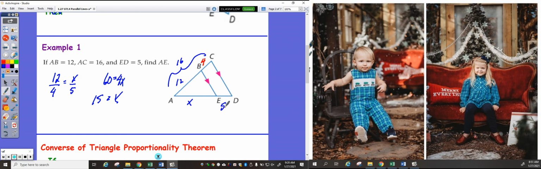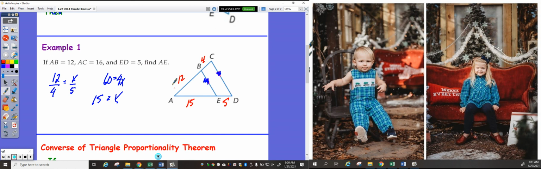Right? Now, stay on this same picture for a second. Let's just go back to here for a second. If I say I don't know that these are parallel, but this is 12, this is 4, this is 15, this is 5.